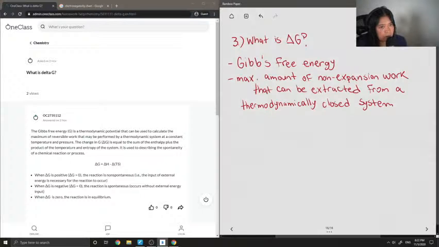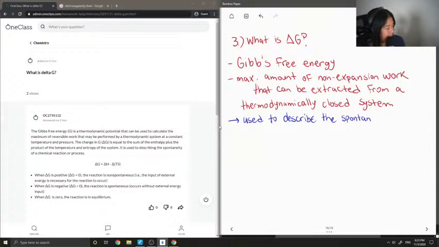So another interesting thing about delta G is that it can also be used to describe the spontaneity of a reaction. So I'll just say how.